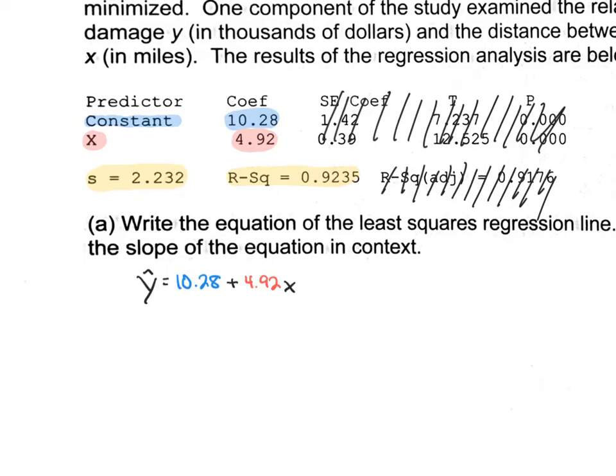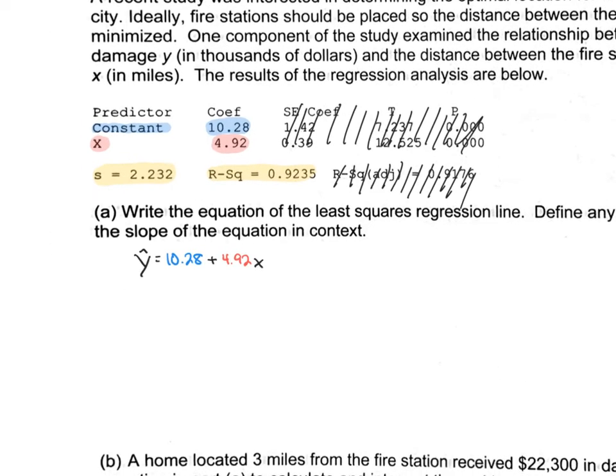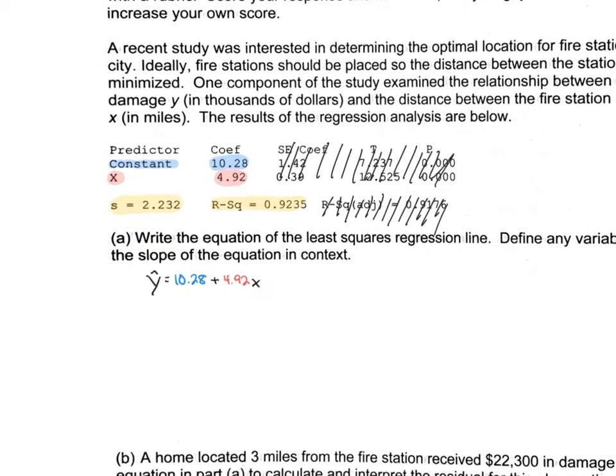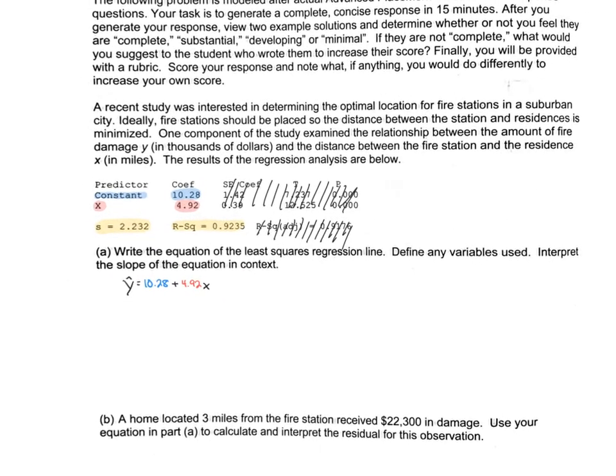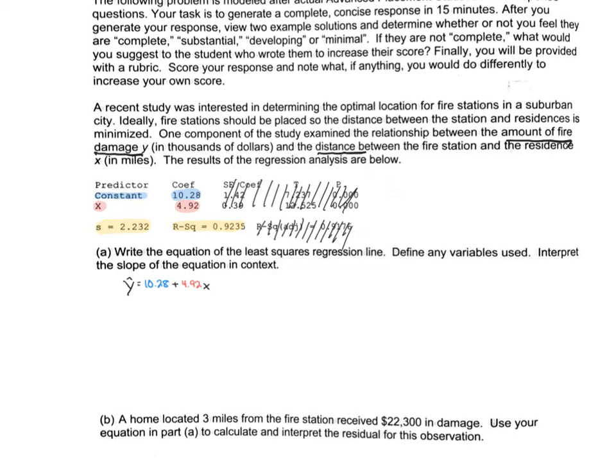But then they asked us to define the variables we're going to use. So now we go back and find that the amount of fire damage is y, and the distance between fire station and residence is x.